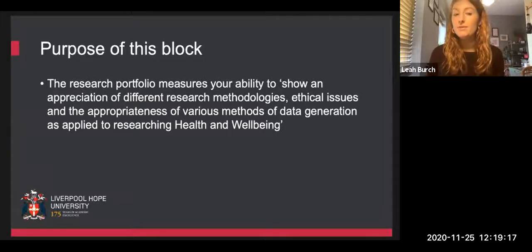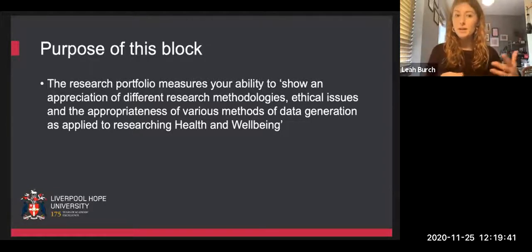So some of the key things to think about when doing research relating to health inequality is that a lot of the questions are going to be potentially quite sensitive. So how can we generate this data in the most sensitive way? We'll also be thinking about the different types of data that we can generate.